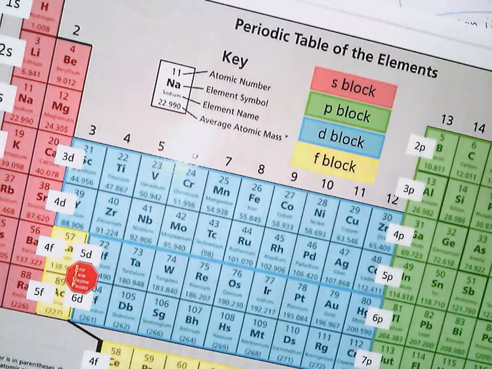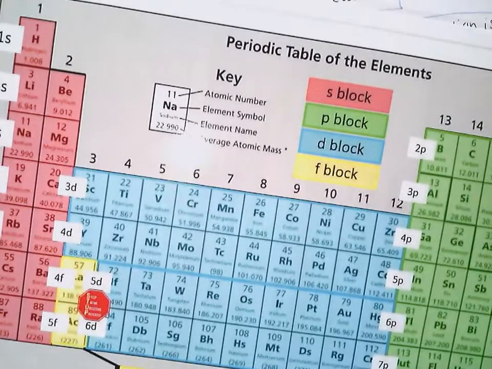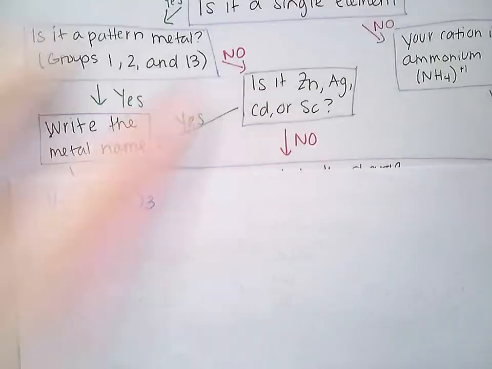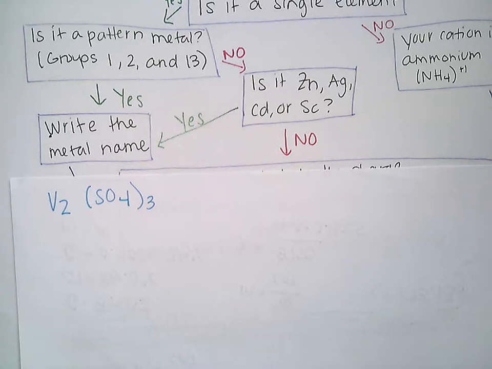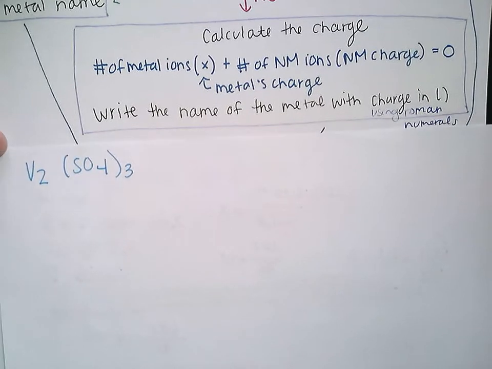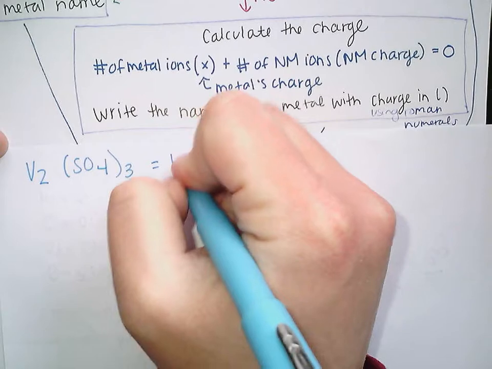So since V is in group 5, we know that it's a non-pattern metal. So I'm going to say no. And my next question, is it one of those 4 exceptions? Again, my answer is no. So we need to write the name and calculate its charge. So I'm going to go ahead and write vanadium.